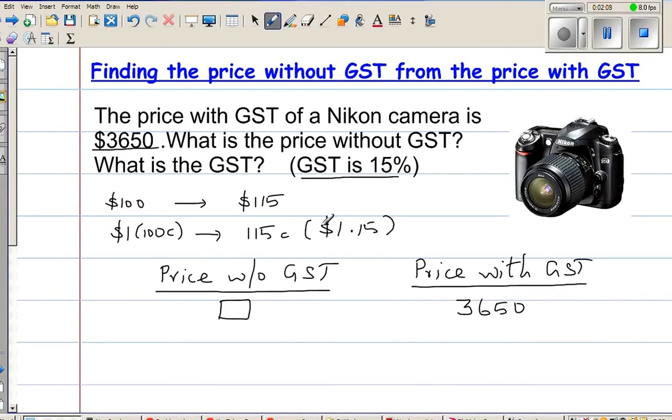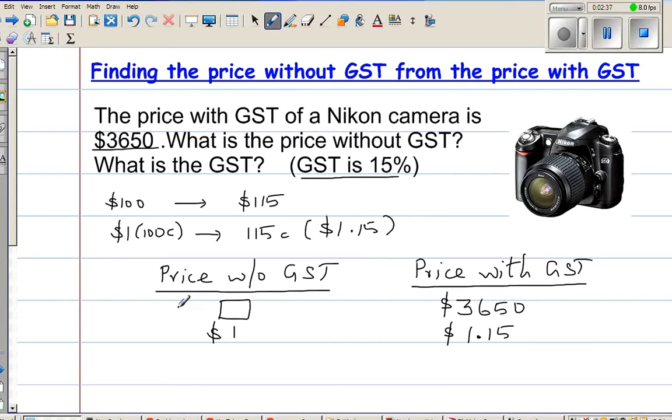And we just saw that when the price with GST is $1.15, so let me write dollar sign here. When the price with GST is $1.15, the price without GST is how much? $1. That's what we said. For every dollar, you have to charge 15 cents. That means 115 is $1.15.